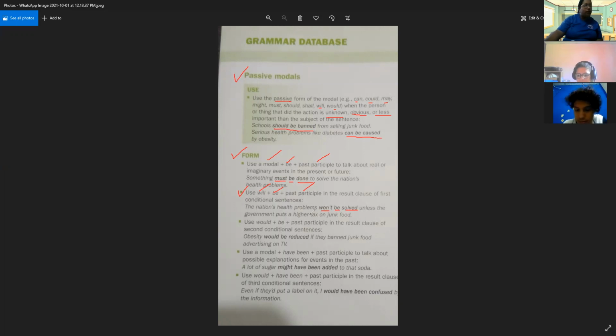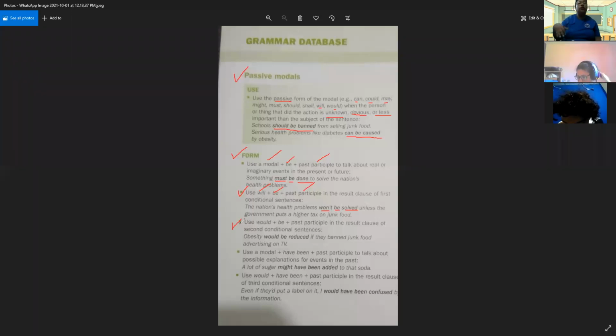Los problemas de salud de la nación no serán resueltos hasta que el gobierno ponga impuestos altos en la comida chatarra, okay?